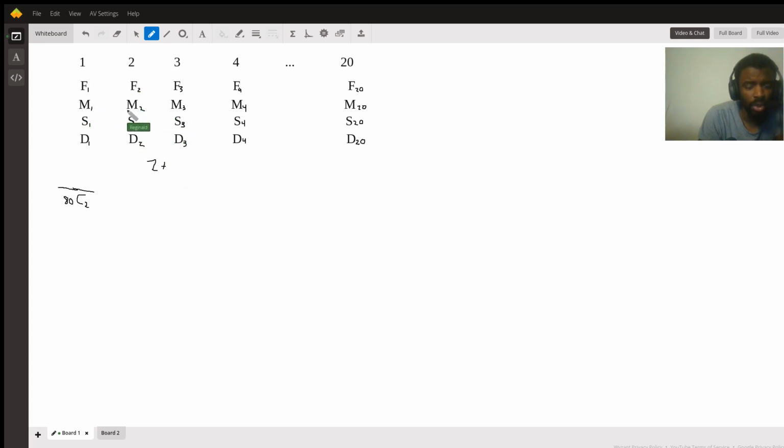So 4 times 19, right here to here is 19. Be careful, it's not 18. For instance, 2 and 3, that's 2, but 3 minus 2 is 1. So 2 to 20 is actually 19. So I'm going to say 2 plus 19 times 4, which is 78.